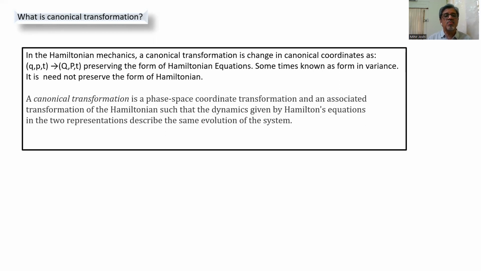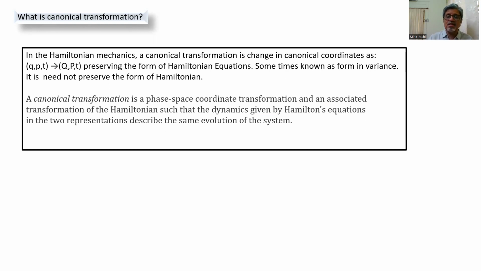A canonical transformation is a phase-space coordinate transformation, and associated transformation of the Hamiltonian, such that the dynamics given by Hamilton's equations in the two representations describe the same evolution of a system. So this is a transformation in phase space, and the two representations describe the same time evolution.